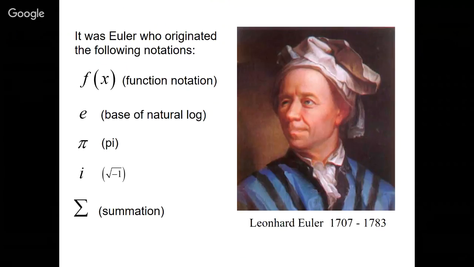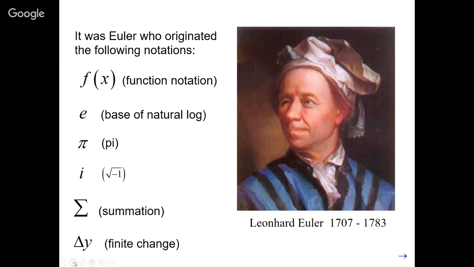And believe it or not, he's responsible for summation notation. So he is responsible for a lot of the things that cause math students great distress. And last but not least, he's also responsible for delta y, which is finite change, as opposed to little dy, which is infinitesimally small amounts of change.